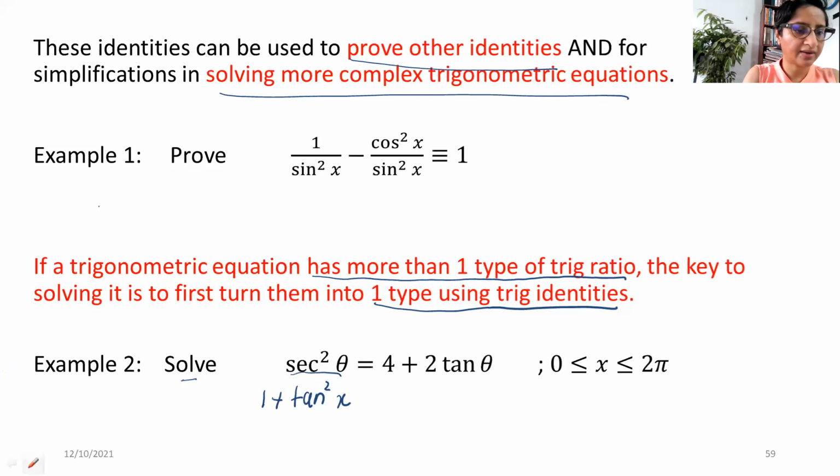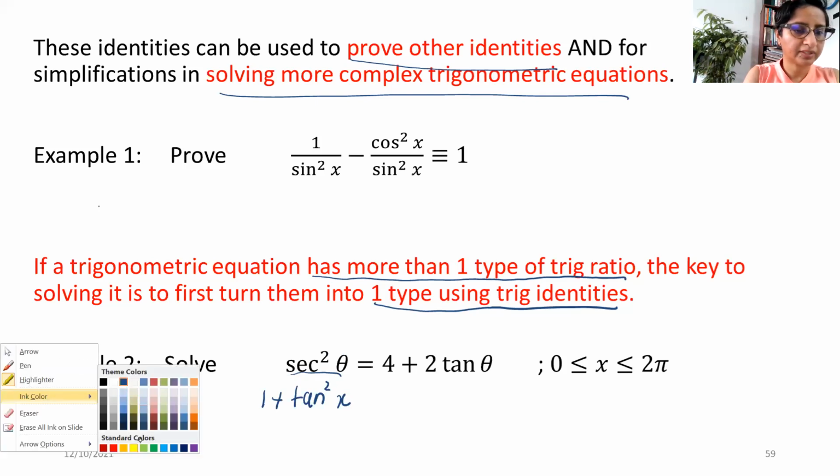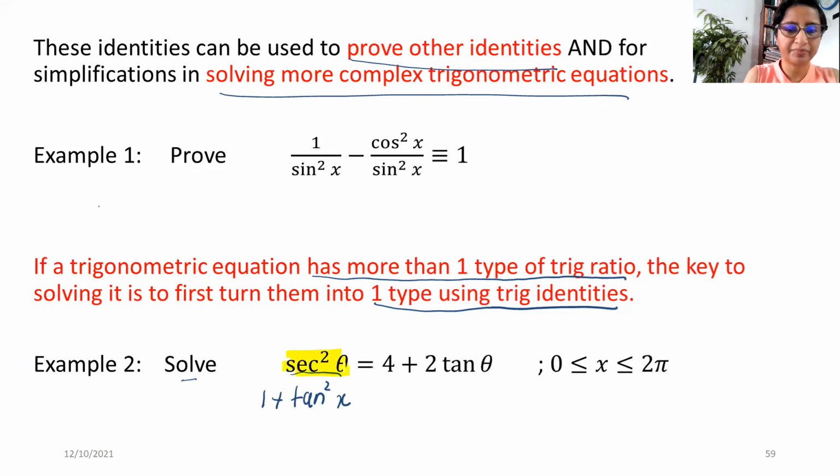Sorry, let me have a nice color for that. This I'm replacing with that, right? That's an identity. Is equal to 4 plus 2 tan theta. Oh, it's theta, sorry. Right? And now, shall I do it on the board? Wait, I'm copying the tan theta.